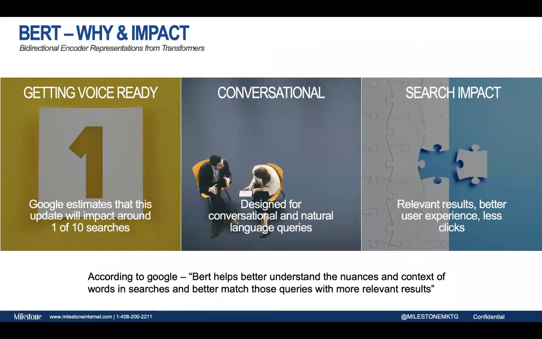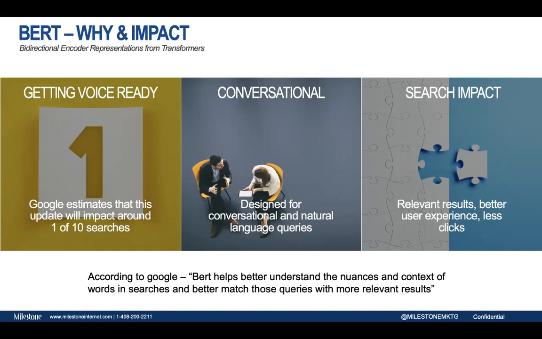Number one, queries: there is an estimated increase of up to 10% for queries which are voice ready, which means that if your content is voice ready, you are going to get more searches. Your information is going to surface much higher than sites which are not conversational friendly.